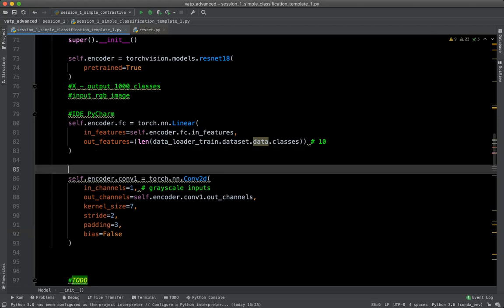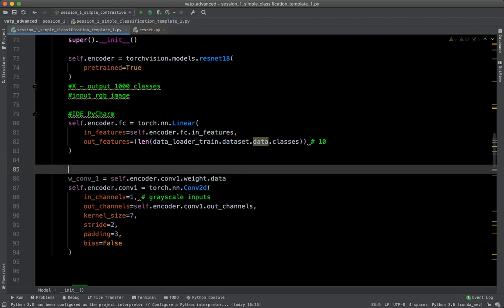I'm not sure exactly which way would work better, but we can use one of those. So self.encoder.conv1.weight, and then if we want to copy the actual data, we need to use the data. And then if I want to calculate, let me show you what it is actually.